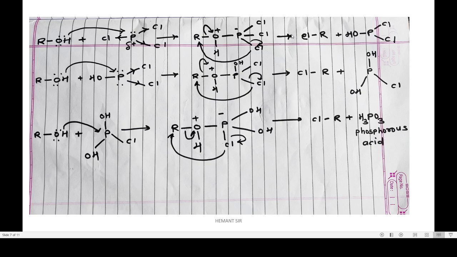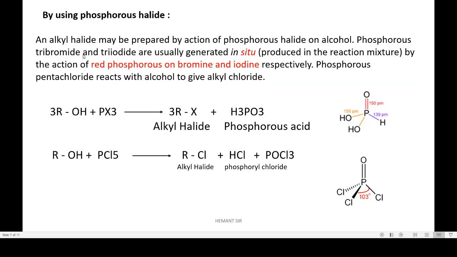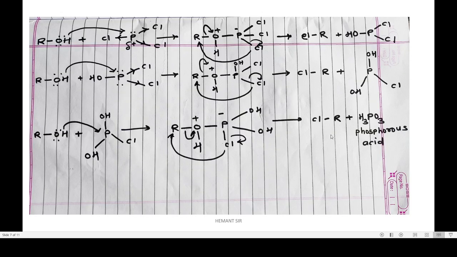Correct? We are getting here 3 RCl. What was the product overall? Thrice of alcohol reacting with PCl3 gives thrice of RCl. Correct? So getting 1, 2 and 3.